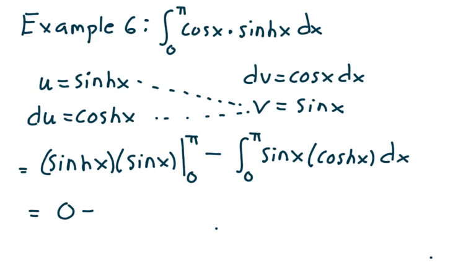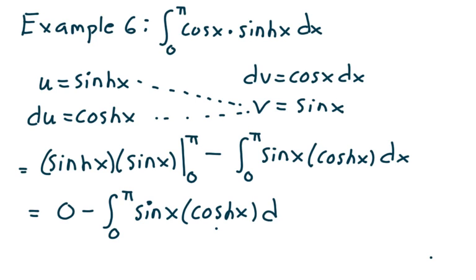And so I get 0 minus the integral from 0 to pi of sine of x times hyperbolic cosine x dx. Now, what you want to do is make sure that you're consistent the whole time. So if I'm differentiating the hyperbolic, I want to continue to do that when I do integration by parts again.